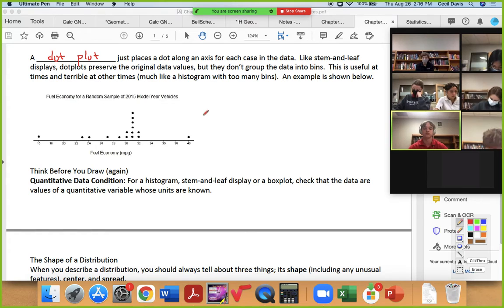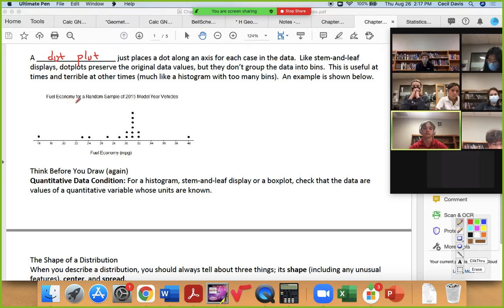A histogram gives us a good picture of the shape of the distribution, but it loses individuals. This doesn't group the data into bins like a histogram does. And sometimes it's great and sometimes it's awful. It just depends on how many you have and how spread out they are.